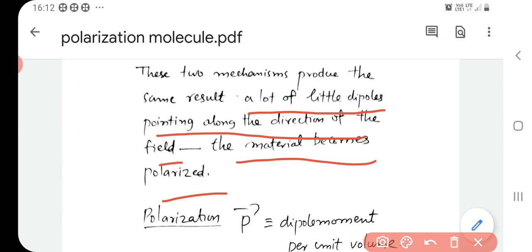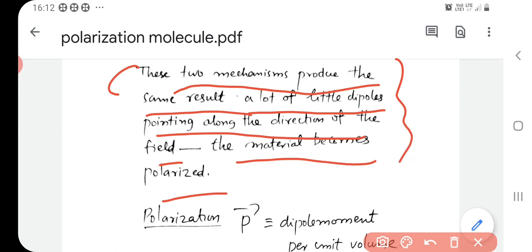The field will rotate the dipole in the direction of the field. Okay, so these two mechanisms produce the same result, a lot of dipoles pointing along the direction of the field, and the material becomes polarized.